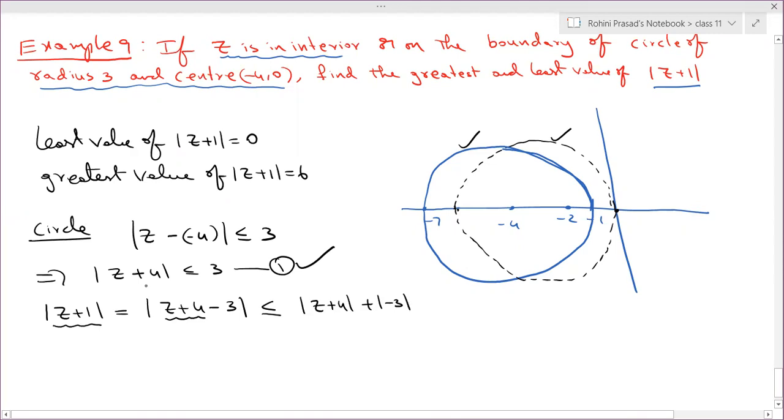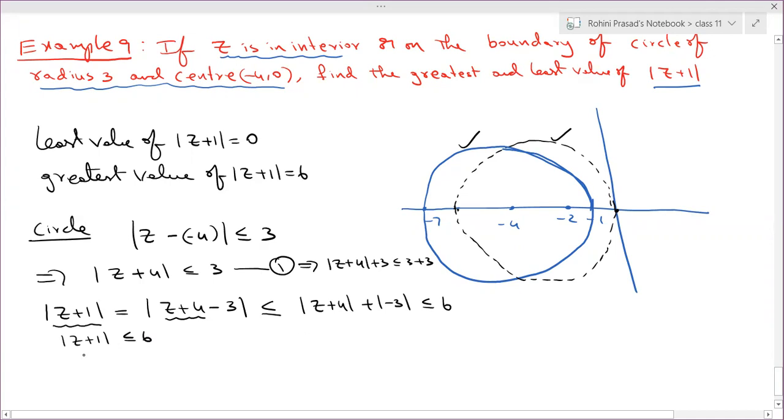So in equation 1, if you add 3 on both sides, mod z plus 4 plus 3 is less than or equal to 3 plus 3. So this value is less than or equal to 3 plus 3, which is 6. So the maximum value of mod z plus 1 is 6.